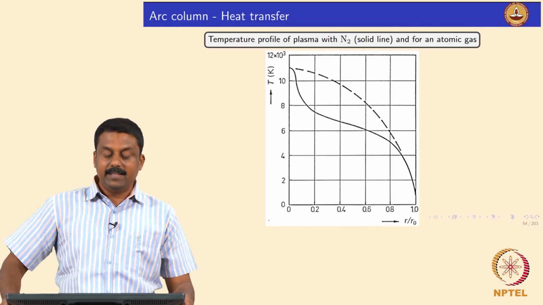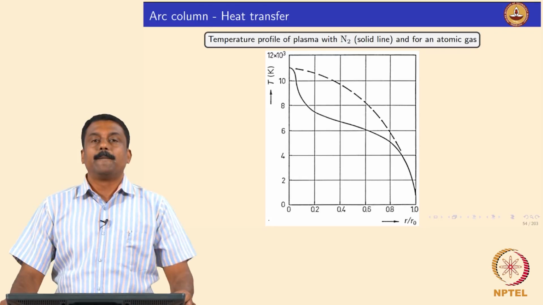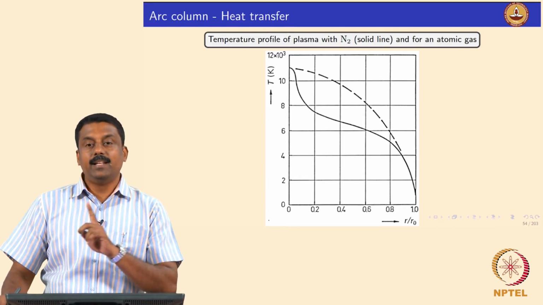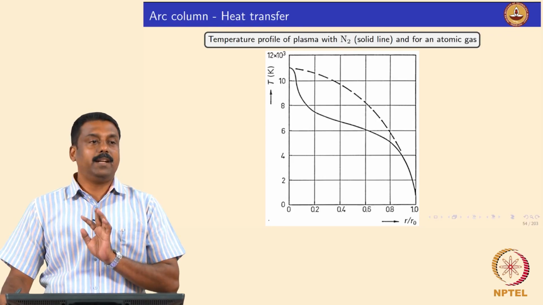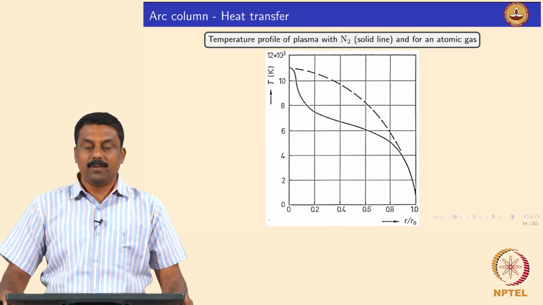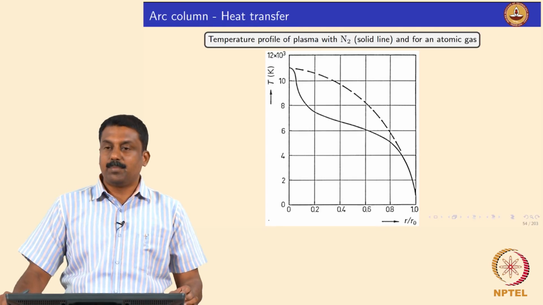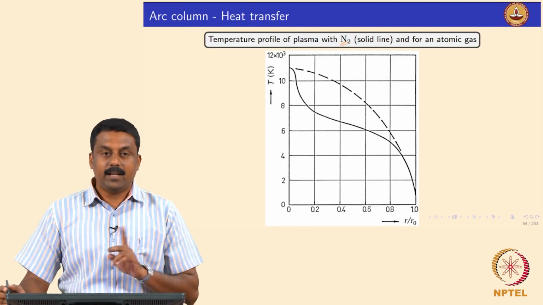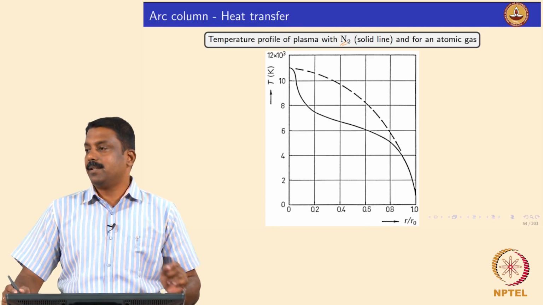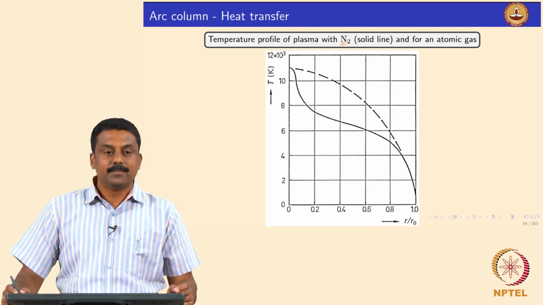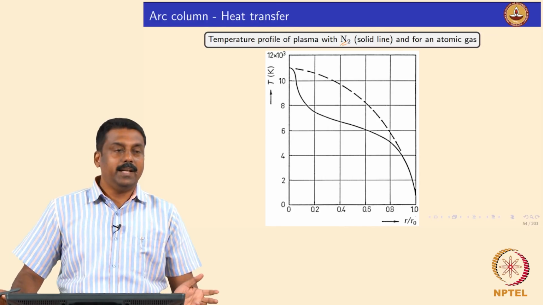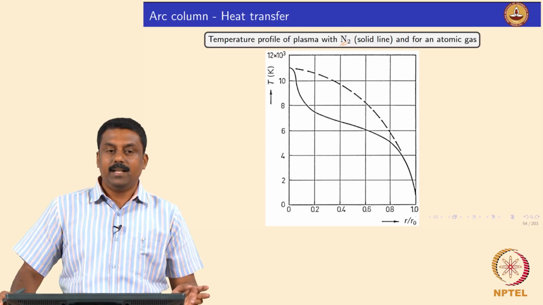For example, this is a temperature profile of an arc neglecting radiation and convective heat transfer. So, we have calculated the temperature profile of a plasma with diatomic nitrogen and monatomic nitrogen gas. And what you see over here is r by r0, where r0 is the radius of the arc at any given location.